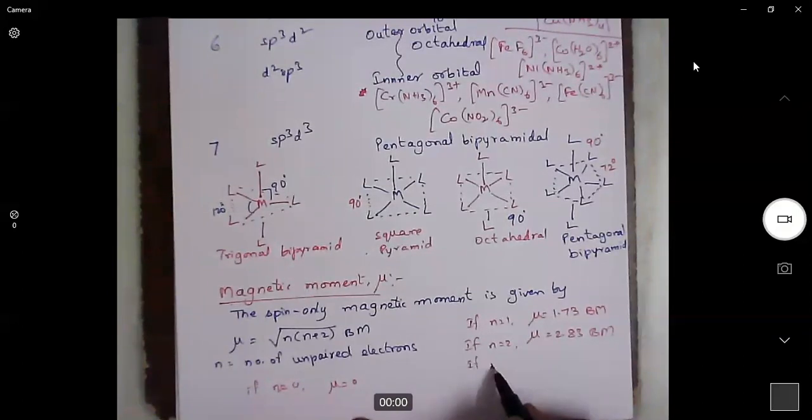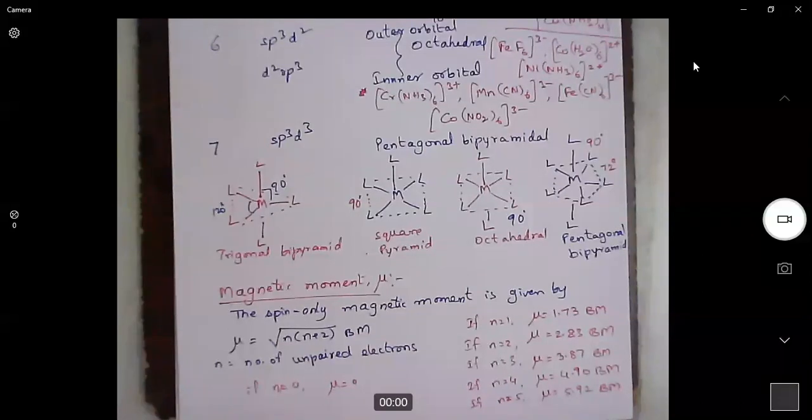If n is equal to 3, mu is 3.87 Bohr magnetons. If n is equal to 4, mu is 4.90 Bohr magnetons. If n is equal to 5, the maximum unpaired electrons possible is 5 only, then mu is 5.92 Bohr magnetons.